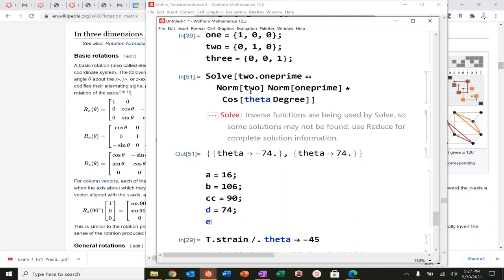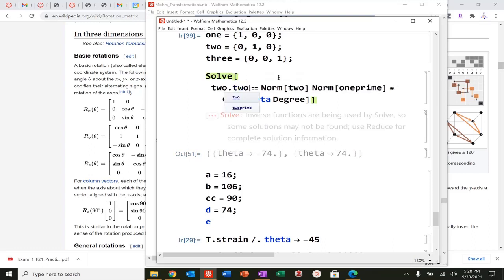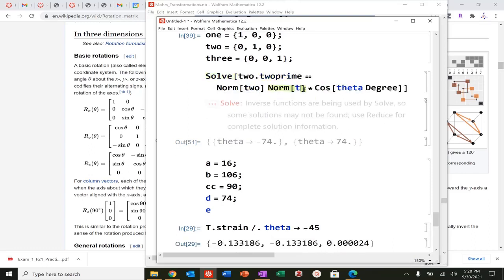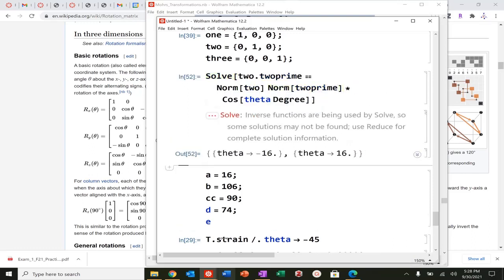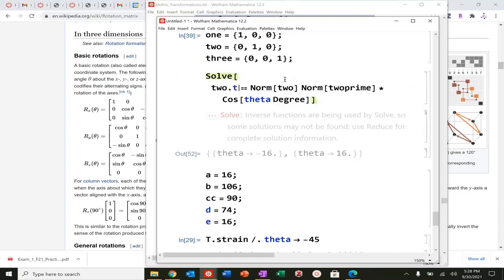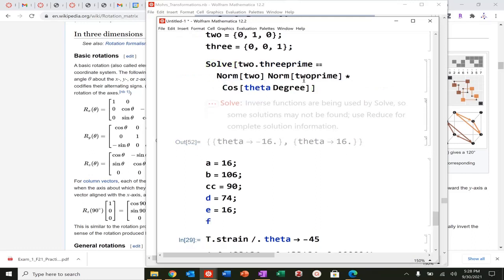Then E: A, B, C, D, E, so 2 and 2 prime, 16. And 2 and 3 prime: A, B, C, D, E, F.